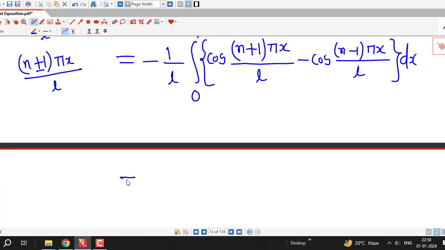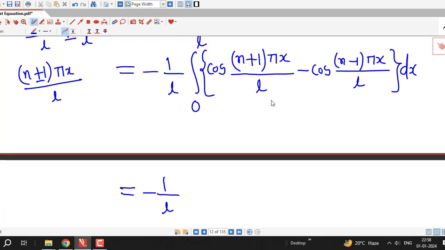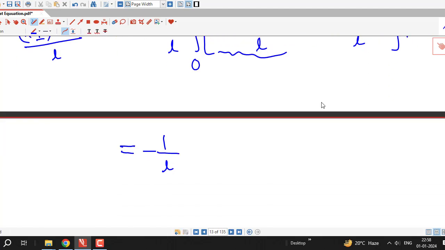Now we know that integration of cosine function is sine function, and here the coefficient of x is (n+1)π/L. So the integral of this function is sine of (n+1)πx/L, and I have to divide that quantity by (n+1)π/L.